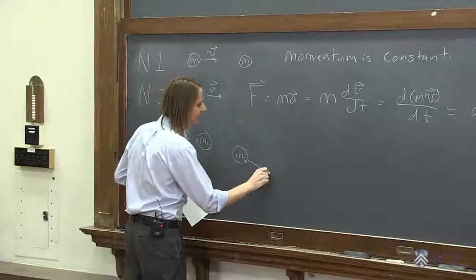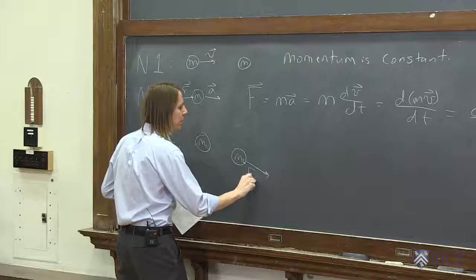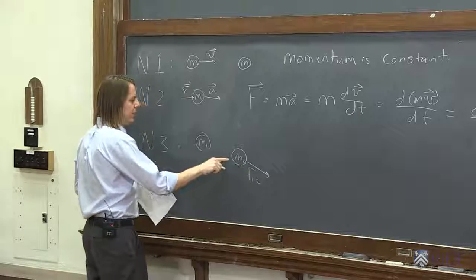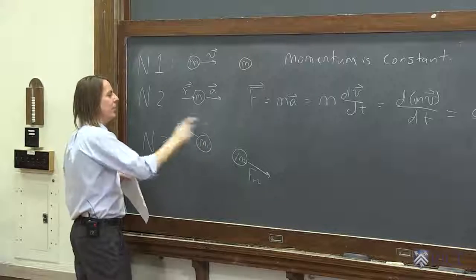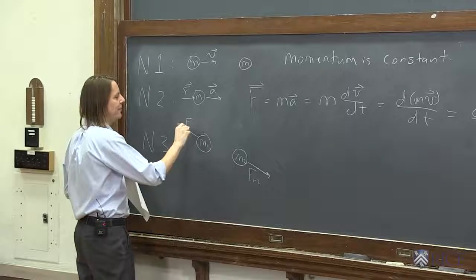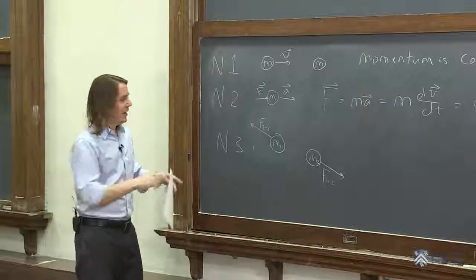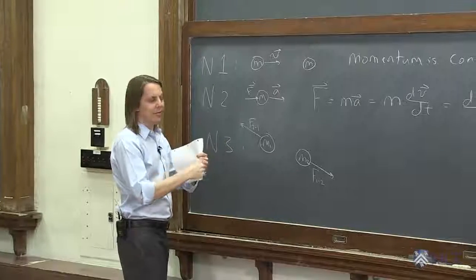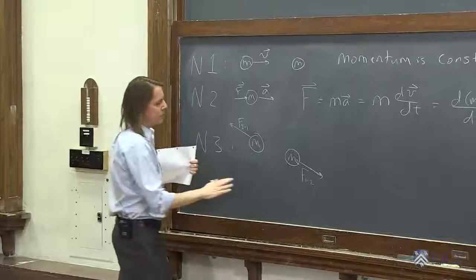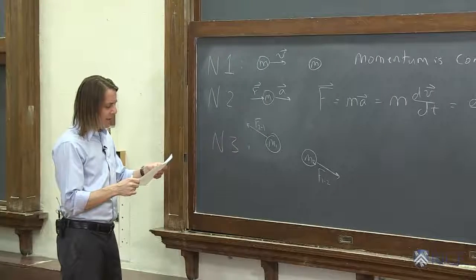So this would be the force F12, the force that 1 applies to 2. According to Newton's third law, this one would have to feel an equal and opposite force that we would label F21, the force that 2 applies to 1. It could be electrostatic, it could be gravitational, it could be a contact force. Any interaction between these two, the two forces have to balance. Okay? So what does that mean?